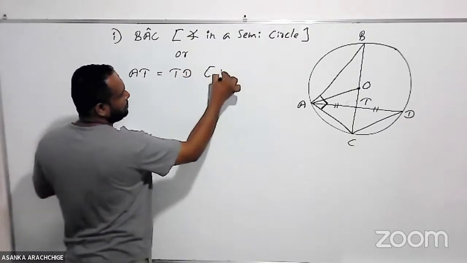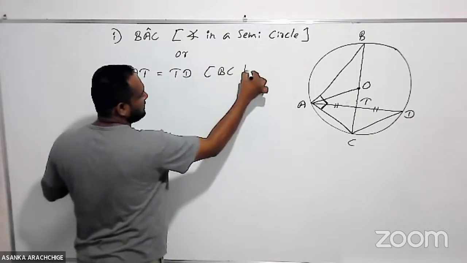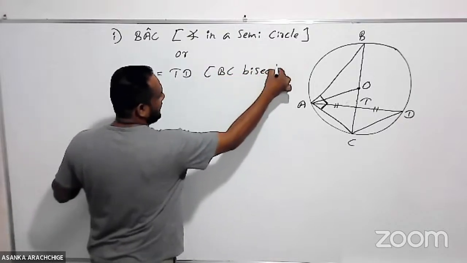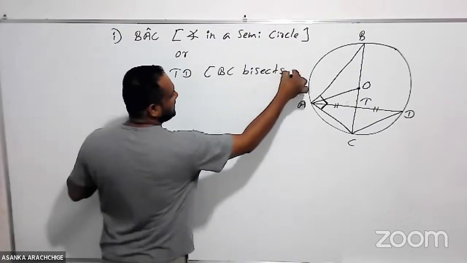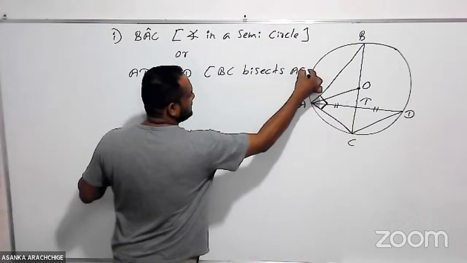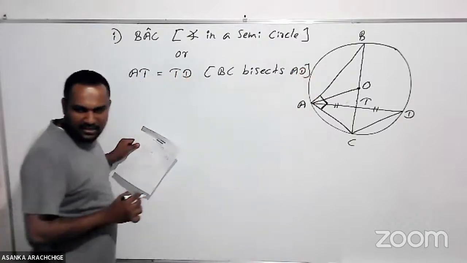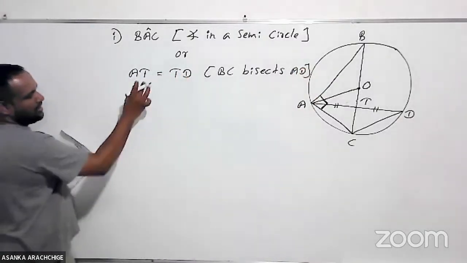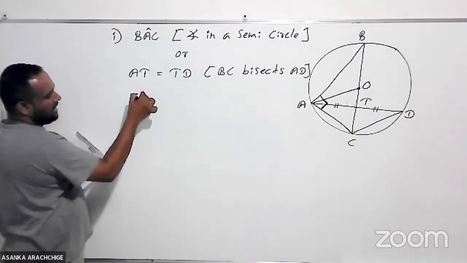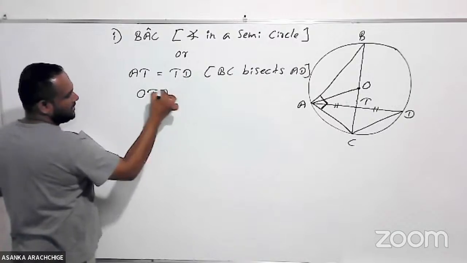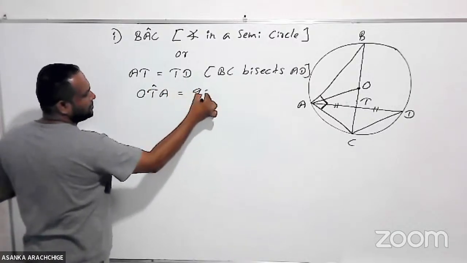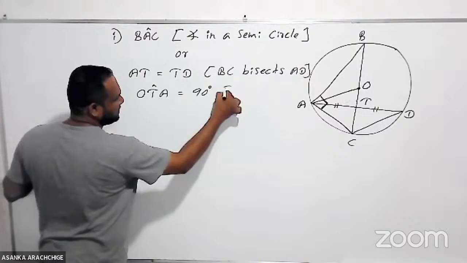Reason: BC bisects AD. Clear? Therefore, you can say angle OTA is equal to 90.